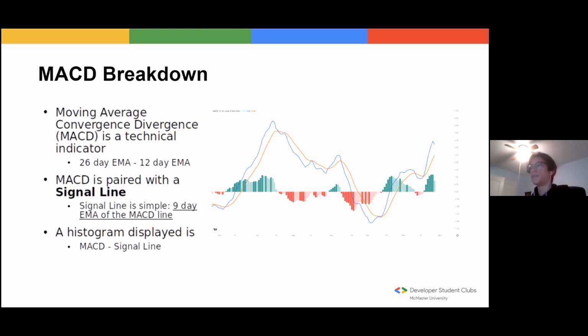The opposite happens when the histogram goes from negative to positive. These patterns are extremely important when using MACD as a strategy to decide whether to buy or sell. Now that we've gone over MACD, let's move on to an example where the MACD line and the signal line are plotted against a stock's price over time.